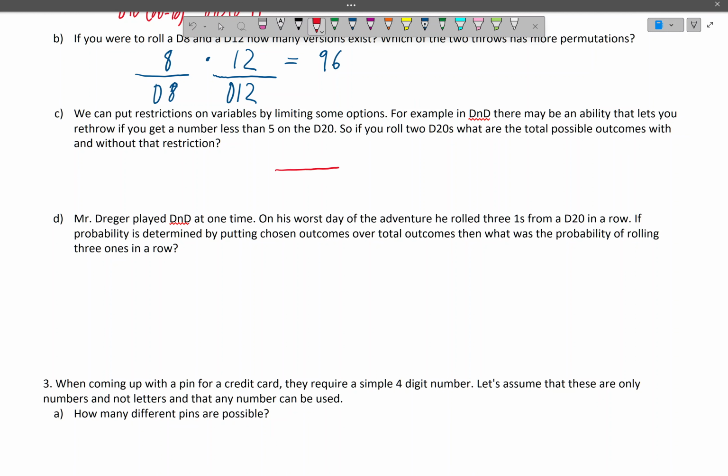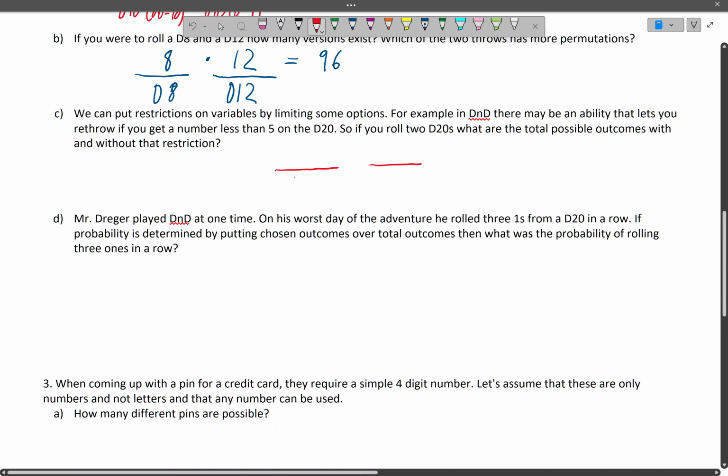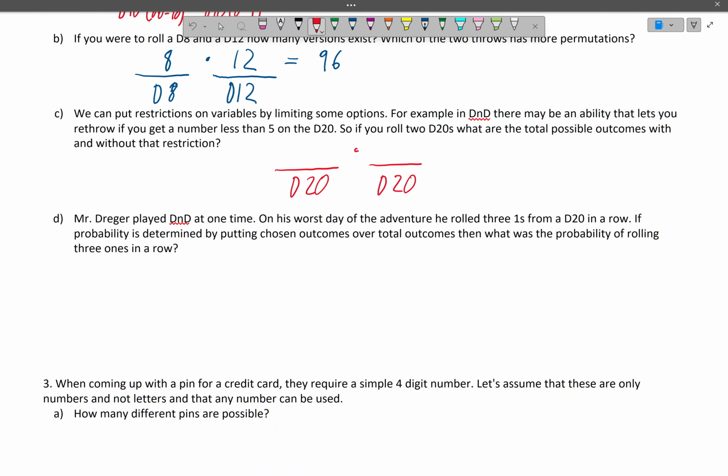So if we roll 2 D20s, by default, or normally, it would be 20 times 20, and it'd be 400. Okay, but now we're going to compare that to the restricted version, so D20 with restriction.